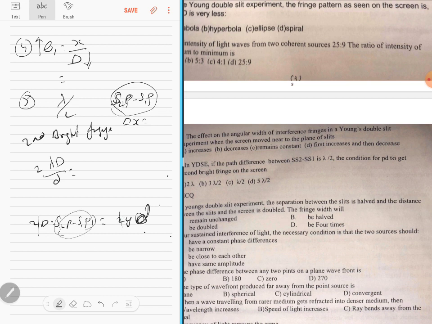So S2P minus S1P, the path difference, is equal to y into small d by capital D, which is the position into small d by capital D. This is the formula for the path difference that we get.